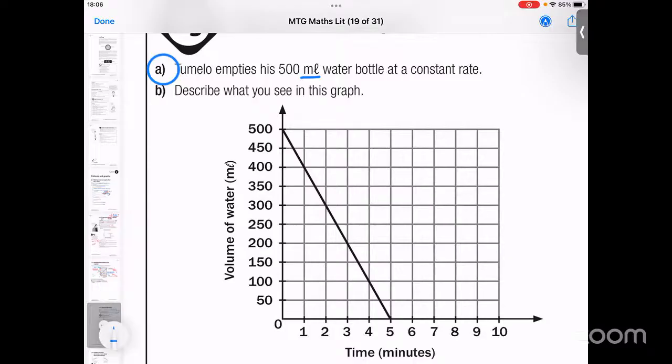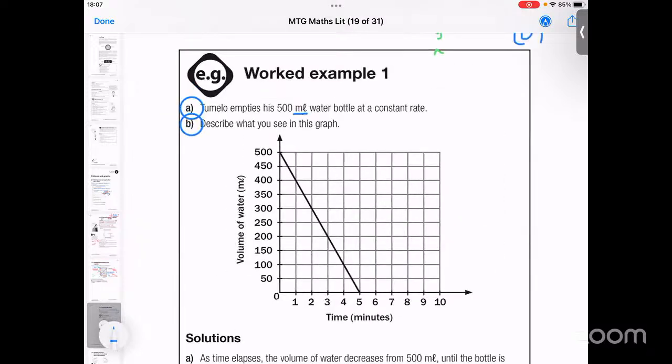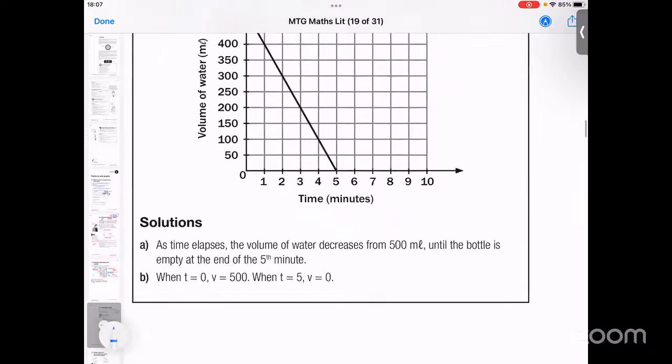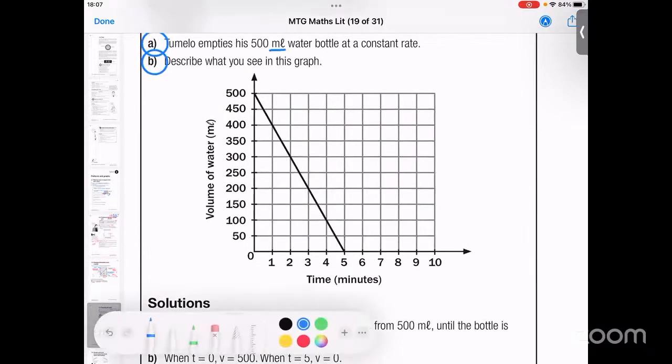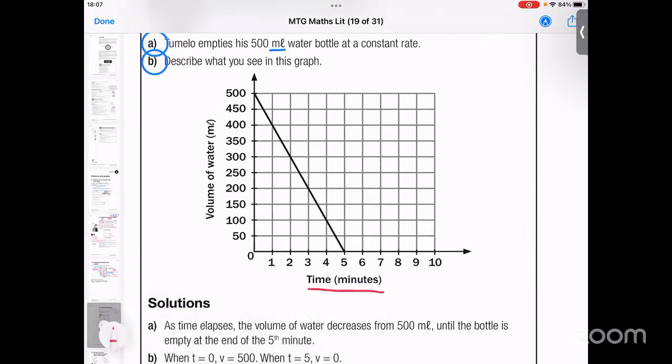Now here they are saying describe what you see in the graph. One thing for sure, we do have a graph which represents time in minutes and volume of water in milliliters.